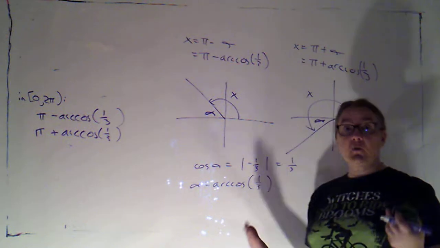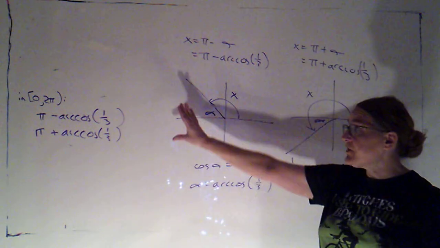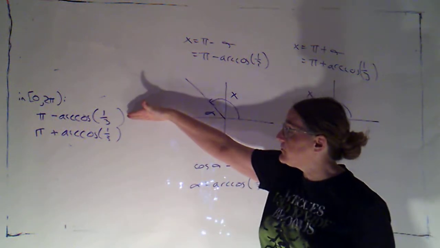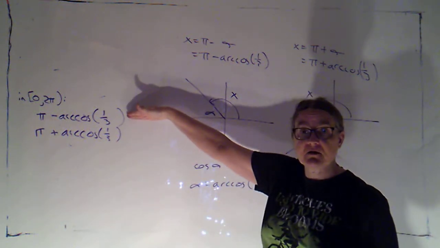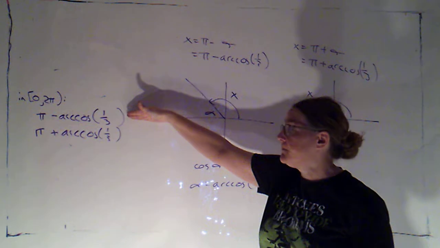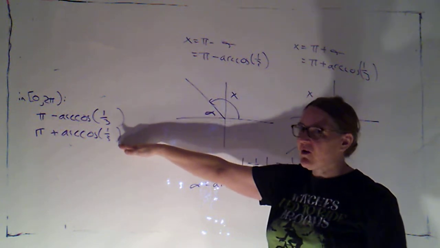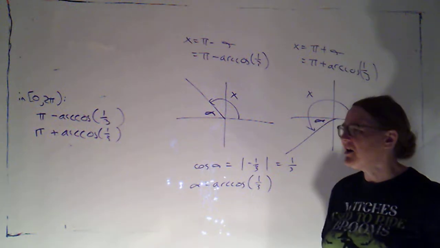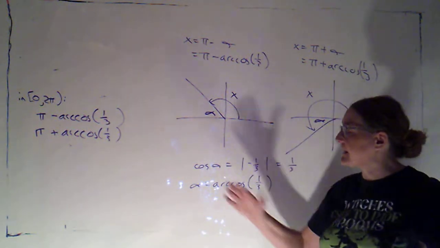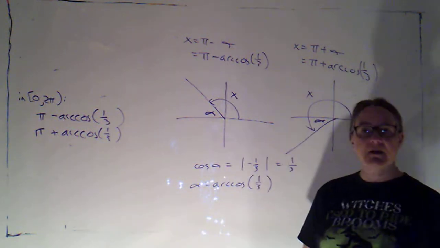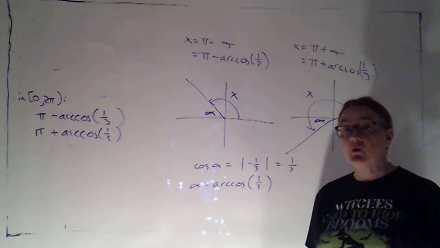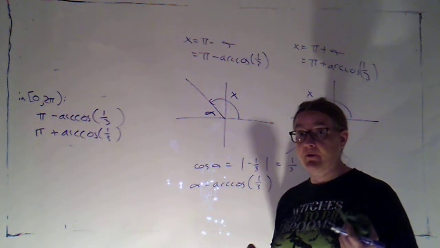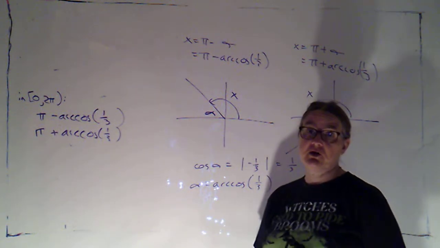Now, as you're doing the homework, it's possible that the answers in the back of the book will look a little bit different. They might have chosen to describe that as arc cosine of negative 1/3. And then this one can also be described in terms of arc cosine of negative 1/3, but it's a little trickier because that's this obtuse angle rather than being the reference angle. So, if your answer isn't an exact match for what's in the back of the book, there are a couple of things you can do.